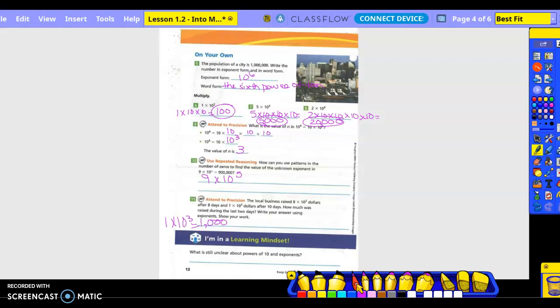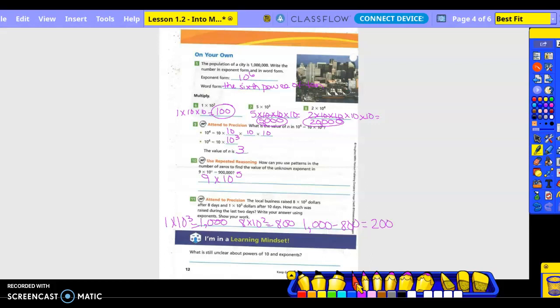Okay, then what's our next one? What would be for the next one? 8 times 10 to the second power, which gives us 800. And then what are we going to do with that information? We don't add it, we subtract it. So 1,000 minus 800 gives us what? 200.